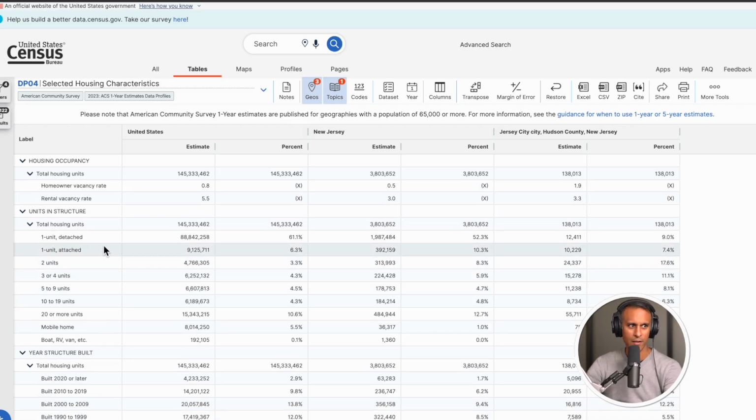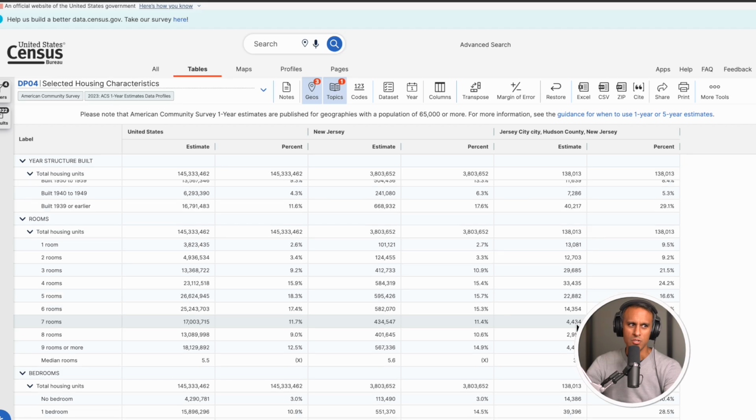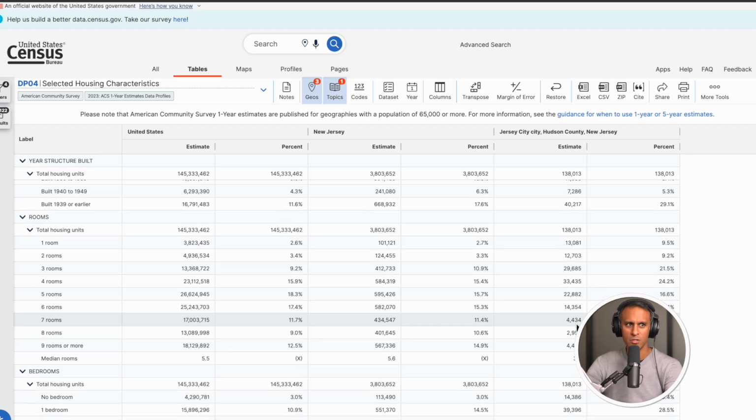They also give you high level information around the type of housing stock that exists in a city or state. So you can even see 5 to 9 units, what percentage of the housing stock sits in there? How many of them are big buildings that are over 20 units? They even give you age data. So it's just good information to know.